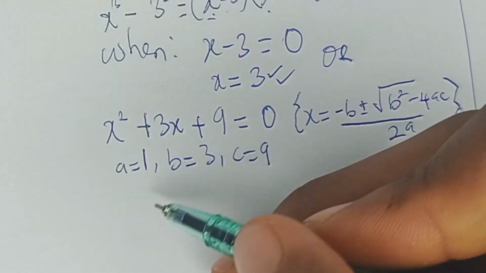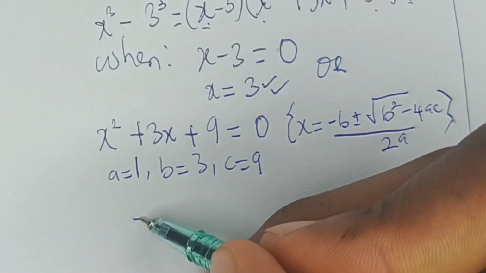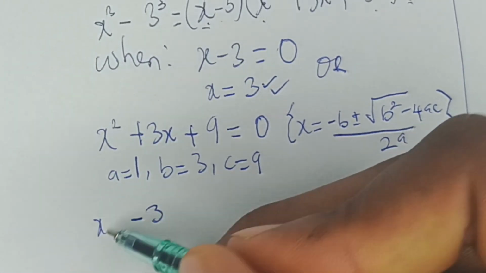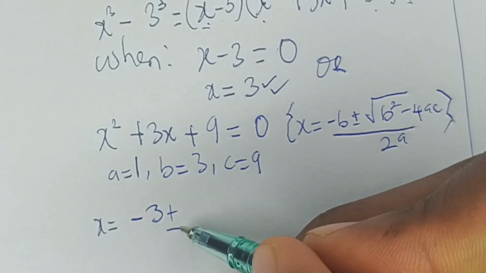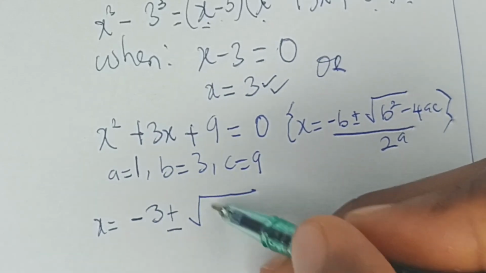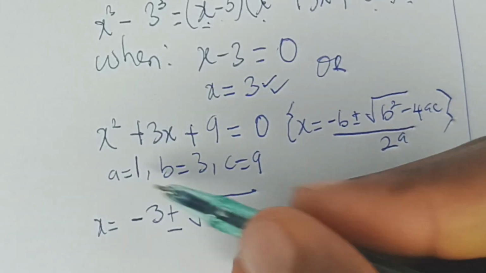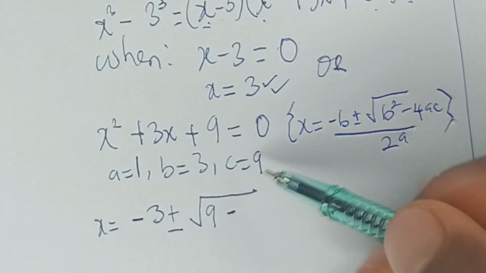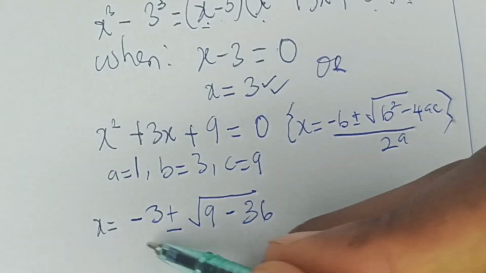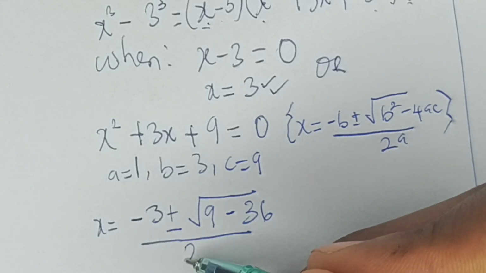So we're going to have x is equal to minus 3, plus or minus the square root of 3 squared, which is 9, minus 4 times a, which is 1, times c, which is 9, which is 36, all over 2a, which is 2.